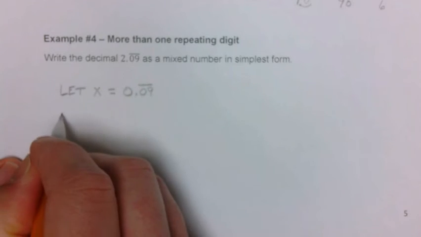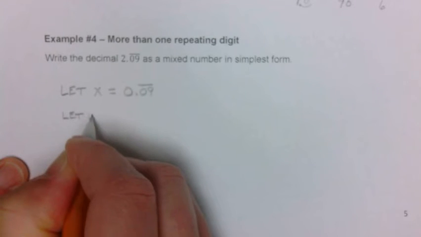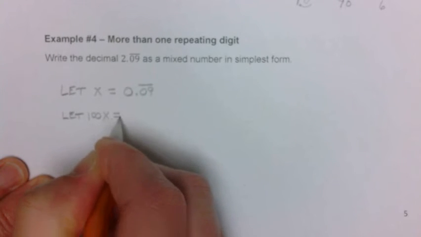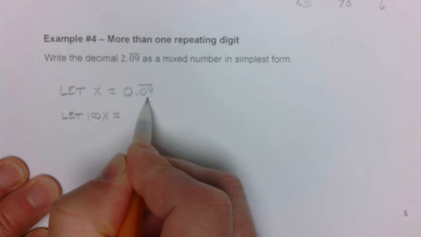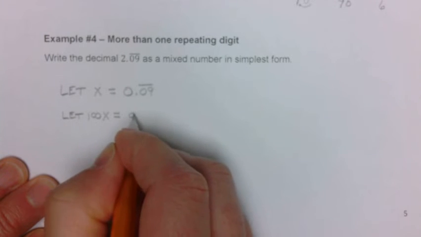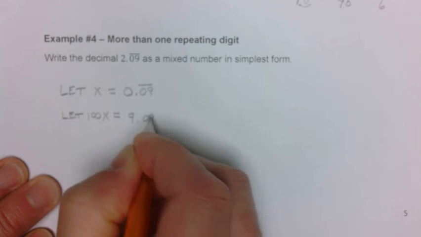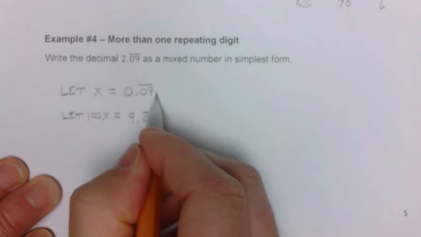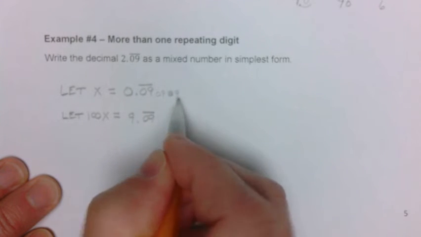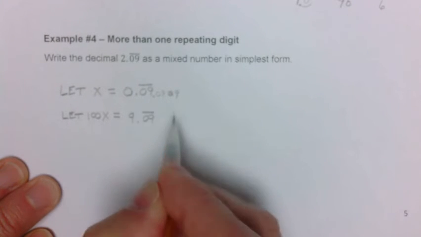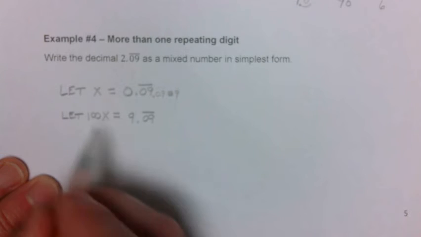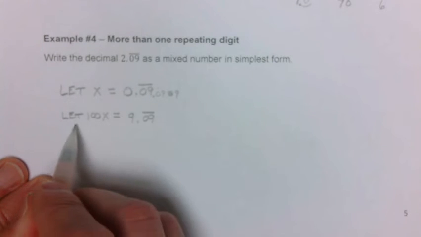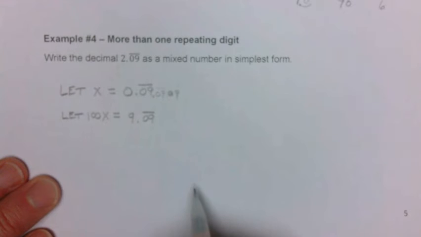So my next let statement is going to say let 100x equal, and now if this decimal moves to the right twice, once, twice, I'm going to have 9.09 repeated. Remember, 0, 9, 0, 9. So x is 0.09 repeated, 100x is 9.09 repeated.